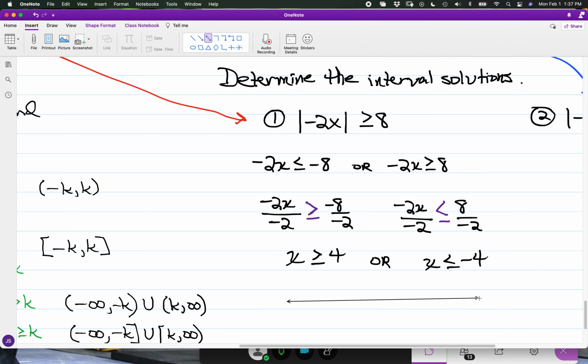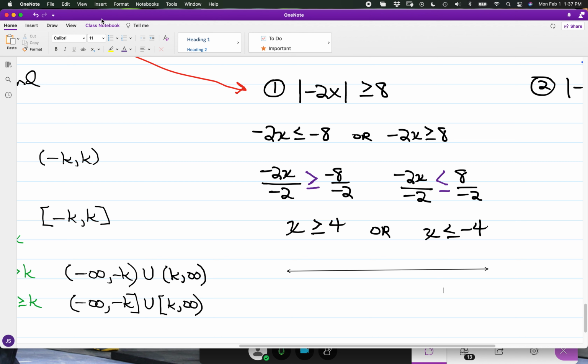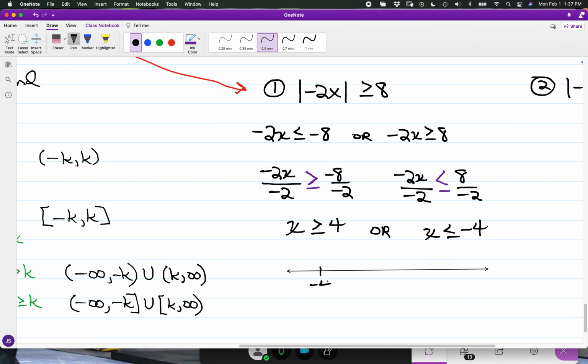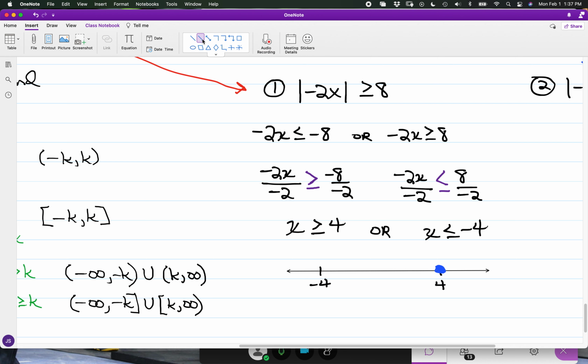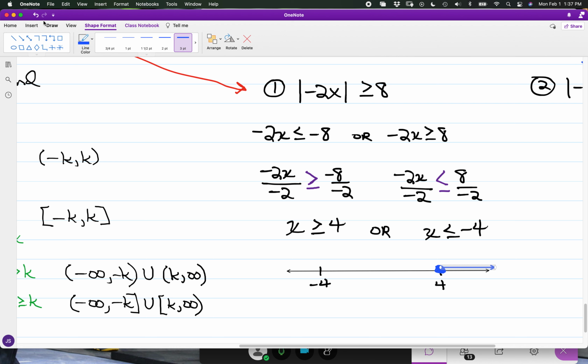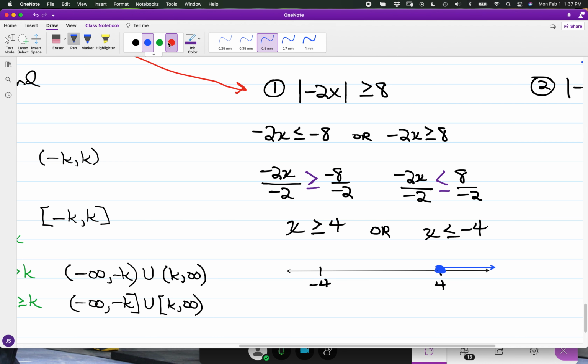So for these extremes, for x is greater than or equal to 4, you have a closed point and an arrow that's going to go out to the right, approaching infinity.